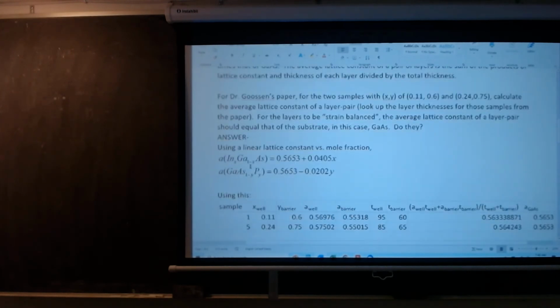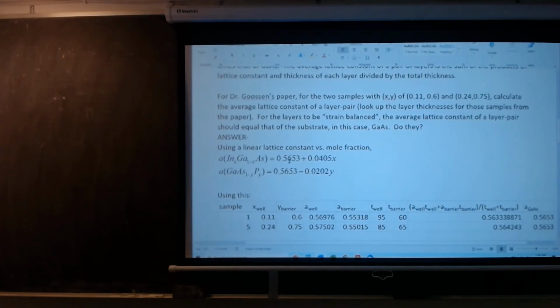And so you find the lattice constant of these materials, so for example, X here is the indium percentage, so this is the lattice constant of indium arsenide, and then for X equals 1, that becomes the lattice constant of gallium arsenide, and then this one here, you have to kind of realize it's backwards.